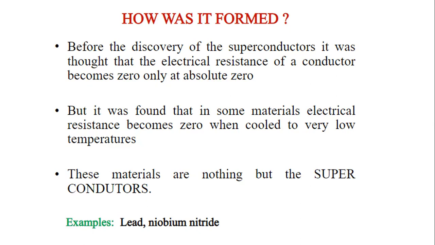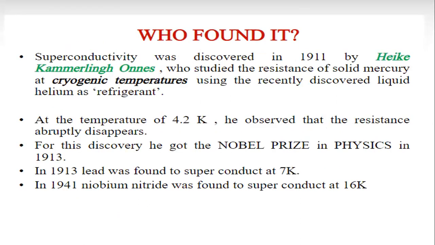Now, lead and niobium nitride are a few examples of the superconductivity phenomenon. Now, who found it? Who is the scientist who found that superconductivity exists? That is Kamerlingh Onnes, who studied the resistance of solid materials at a particular temperature, along with the discovery of liquid helium as a refrigerant.